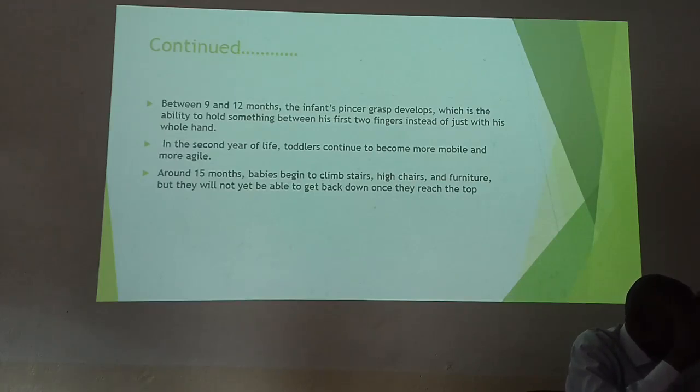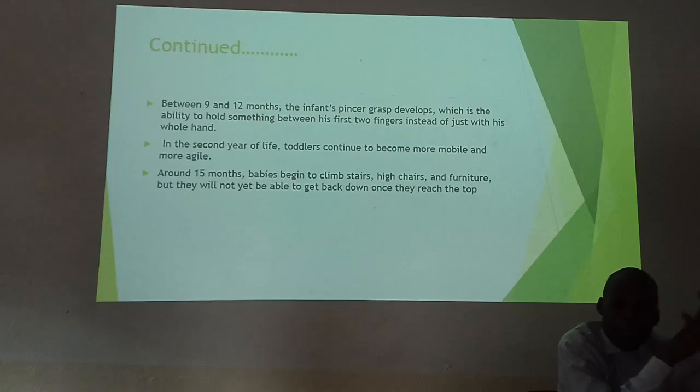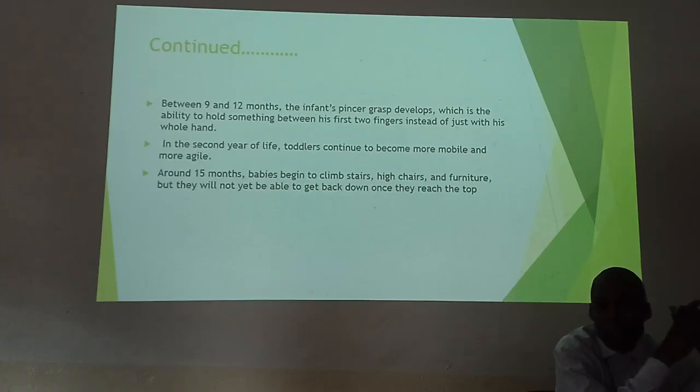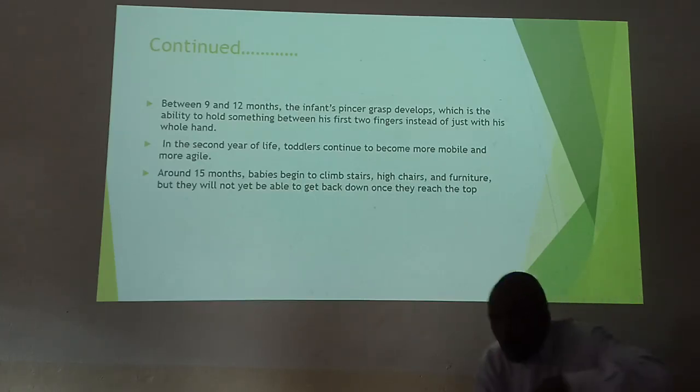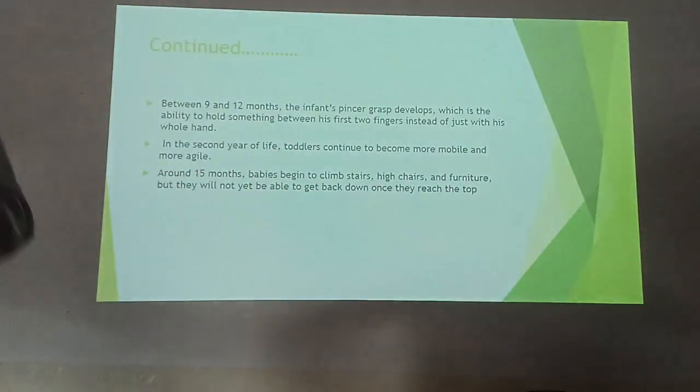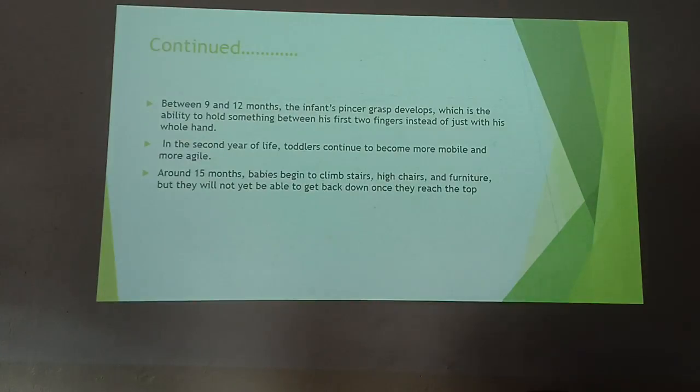Around 15 months, babies begin to climb stairs, and these are milestones. Higher chairs and furniture, and they will not yet be able to get back down once they reach the top. How do you try to observe when somebody's on top of the chair or table?